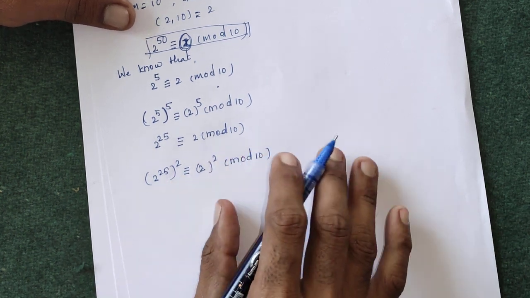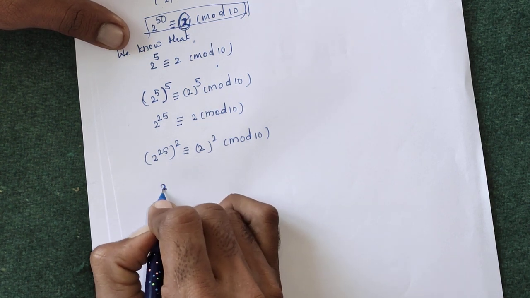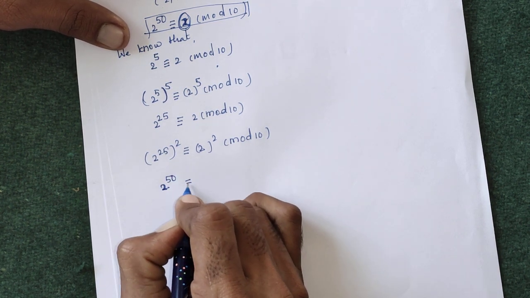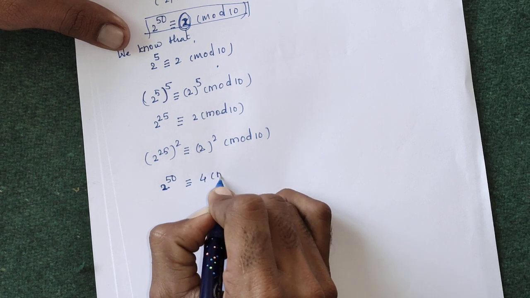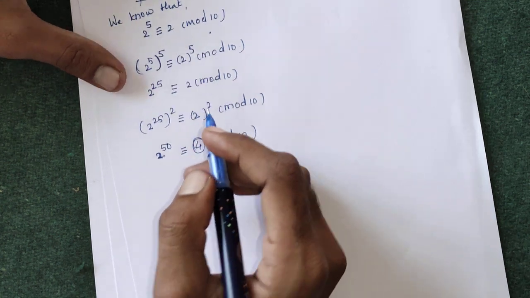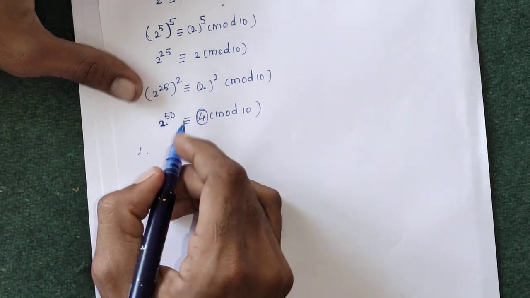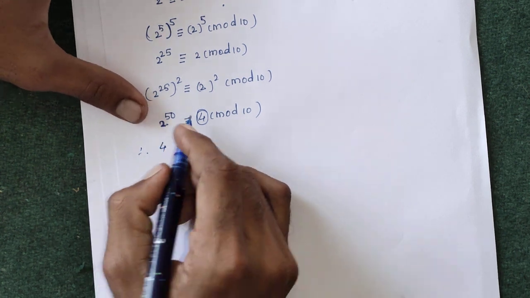So 2 raised to 25, 25 twos are 50. So 2 raised to 50 is congruent to 2 square, which is 4, under modulo 10. Hence this is the last digit, that is, therefore 4 is the last digit in the ordinary decimal representation of 2 raised to 50.